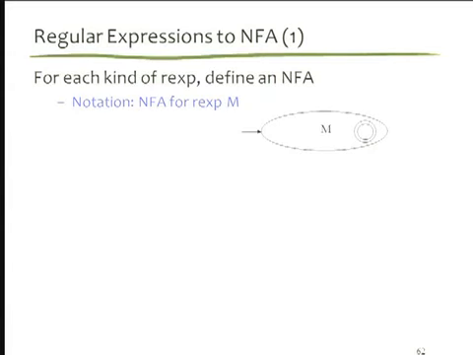Now, how about if I want to compile R1 or R2? I get two state machines from the tree evaluation, one for this, one for that. Each of them has a start state and end state. How do I compose them? So we have our two state machines.